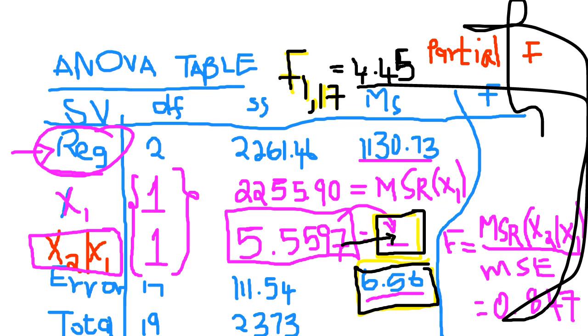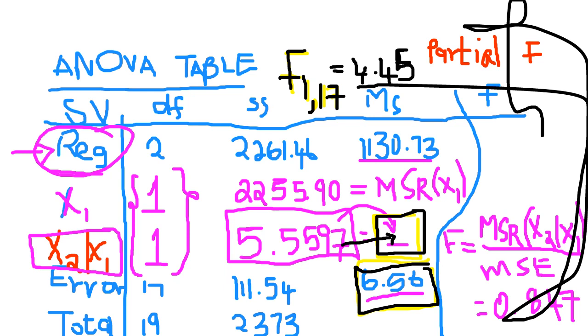So the general statement from your study guide will say, because our focus is on variable X2, this one is to be a null hypothesis.